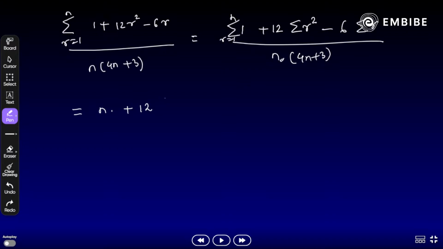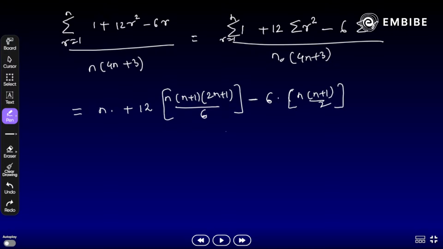A bit of calculation here. Minus 6 times summation of r, sum of natural numbers, that is n times n plus 1 by 2, correct? And whole divided by n times 4n plus 3.